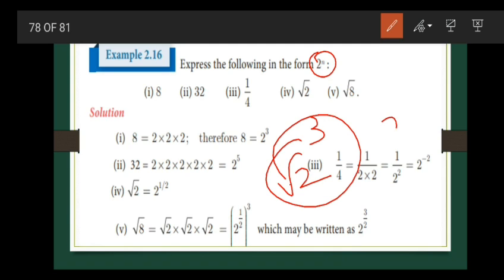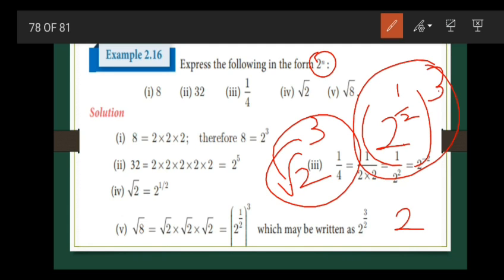This root 2 can be written as 2 power 1 by 2 the whole cube. So this is the cube of the square root of 2, which can be written as 2 to the power 3 by 2.